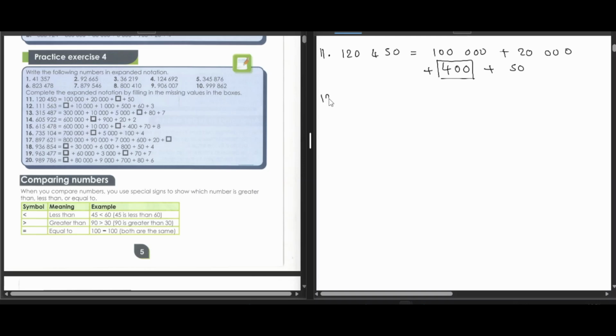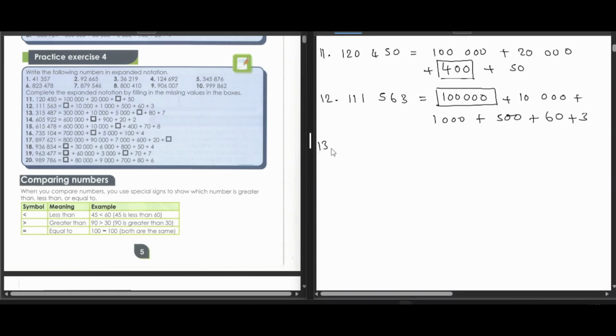We go to number 12. 111,563 is equal to, the first box is 100,000. Then we just copy the others as they are: plus 10,000 plus 1,000 plus 500 plus 60 plus 3.